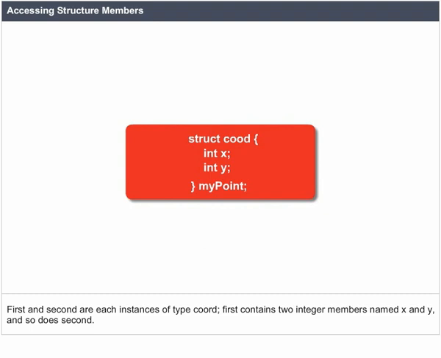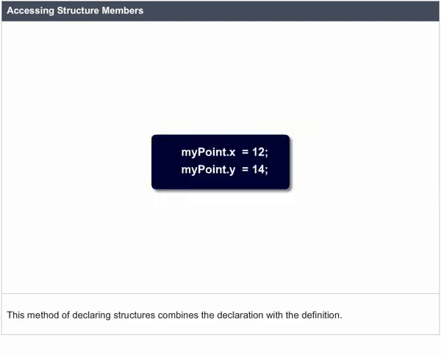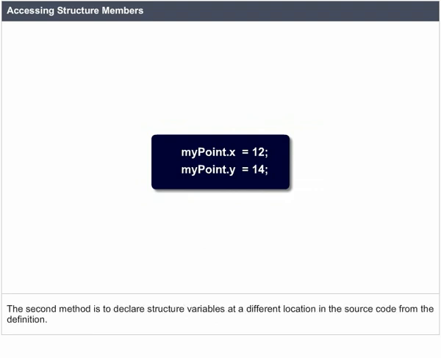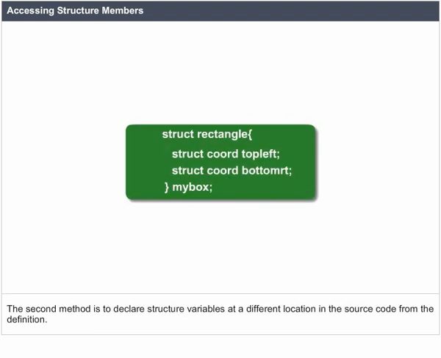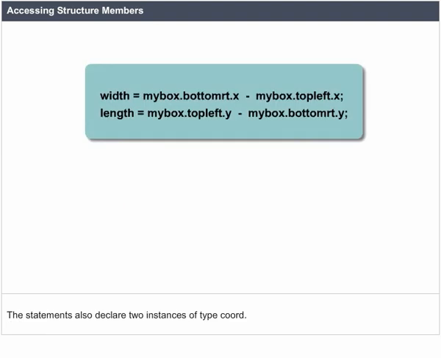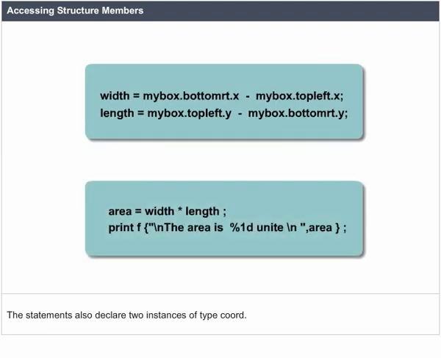First contains two integer members named x and y, and so does second. This method of declaring structures combines the declaration with the definition. The second method is to declare structure variables at a different location in the source code from the definition. The statements also declare two instances of type COORD.